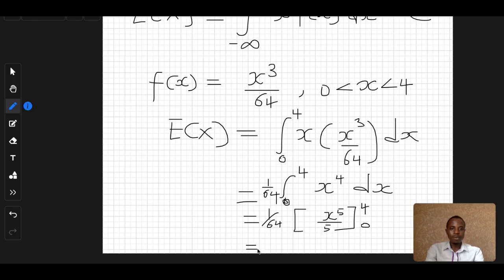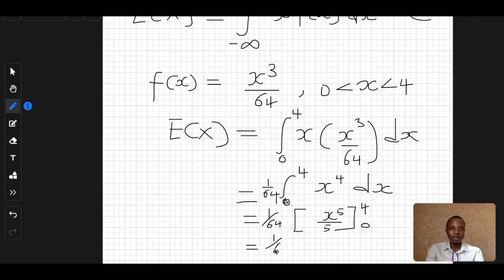And that is going to become 1 over 64 times 4 raised to the power of 5 divided by 5, minus 0 raised to the power of 5 over 5, where 0 comes in where x is.